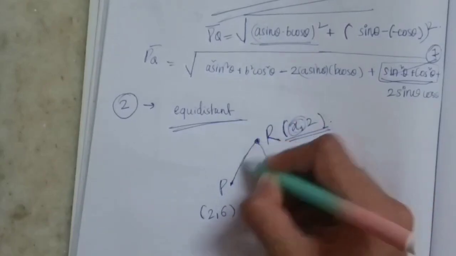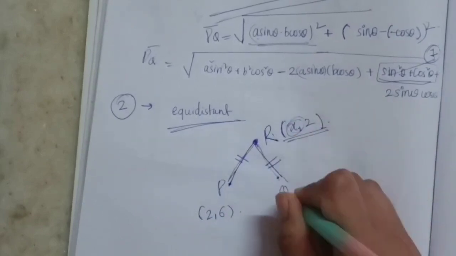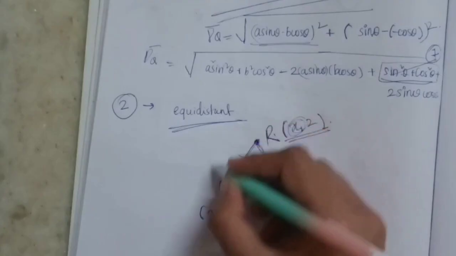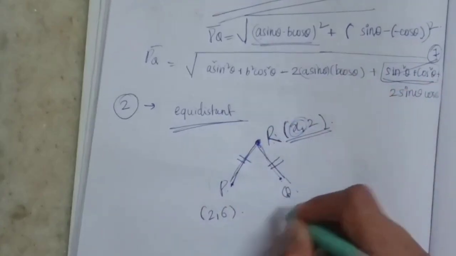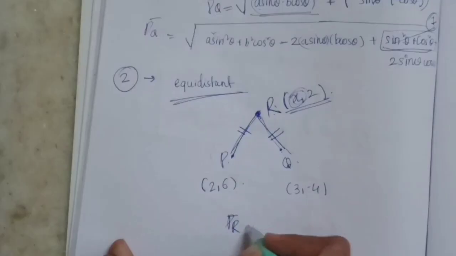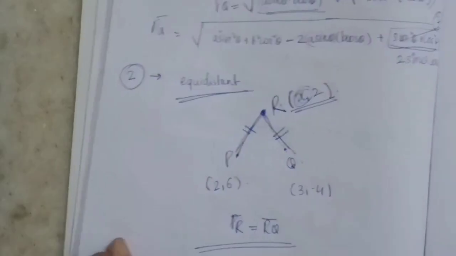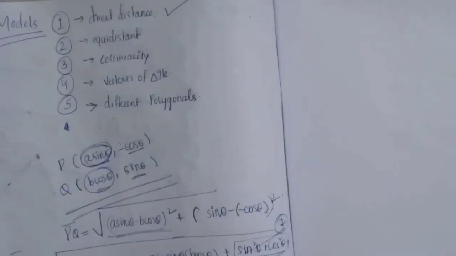So they are saying PR distance is equal to RQ distance. First of all, find the PR distance and the RQ distance, and then equate them. Just apply the distance formula and that's it. The problem is solved, right?